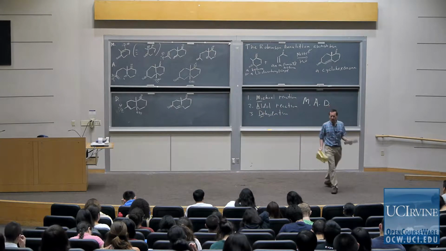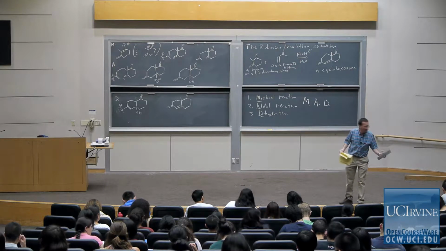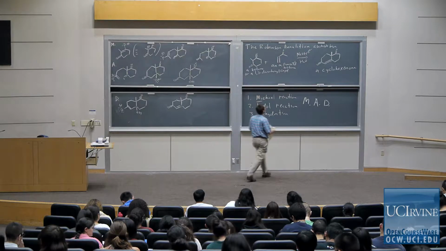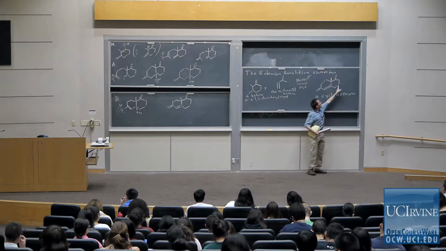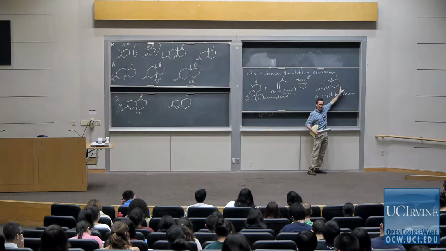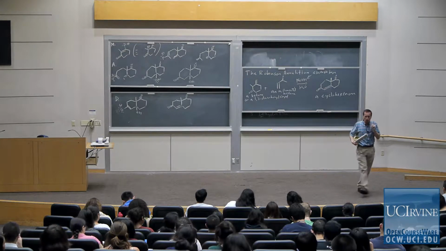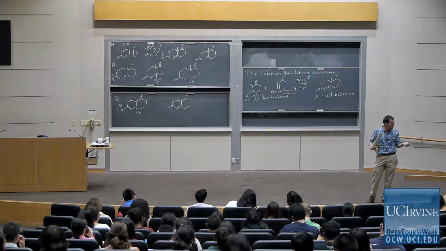Good question, very important. And this becomes more important when you have multiple stereocenters in the molecule. So imagine for a moment that we had a second methyl group at this position. I'm not going to draw it in. Then you'd be saying, wait a second, now we can get two diastereomeric products. I wonder which one forms.